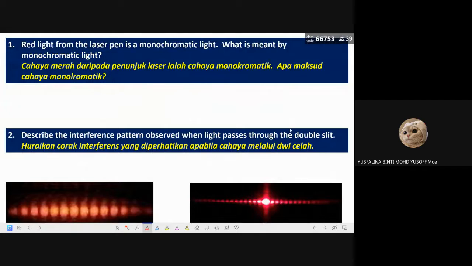The red light from the laser pen is a monochromatic light. For the water, they use a coherent source. What does coherent source mean?